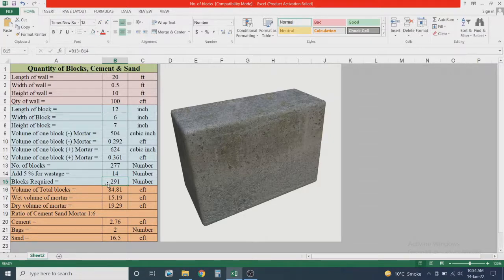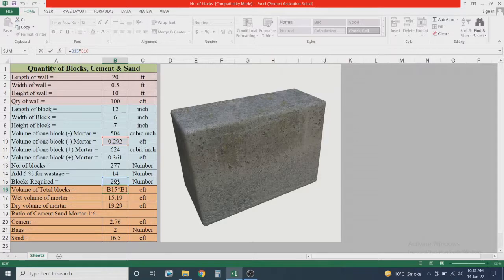Now, how can we calculate the quantity of cement bags and the sand required? For this, I will first of all calculate the volume of total blocks. How will I calculate the volume of total blocks? I will multiply the volume of one block by the total number of blocks required.